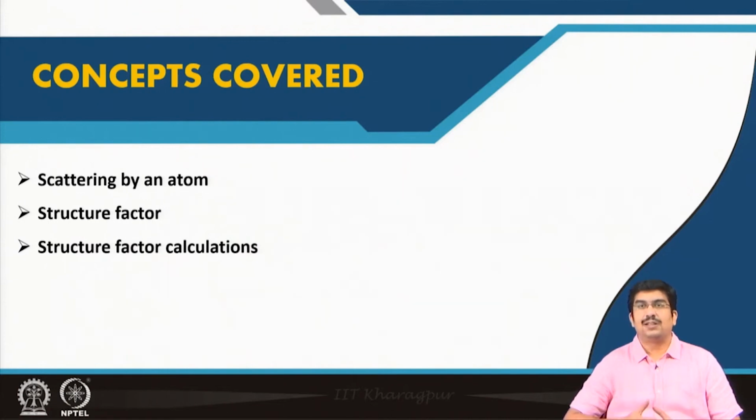So, an individual atom contains lots of different electrons, and we discussed how we can superimpose all the waves along a certain direction, how we can add them up depending on their phase relationship, depending on the amplitude and so on. And then we discussed a factor called the atomic scattering factor. We defined it, and we saw what it depends on and how it is helpful.